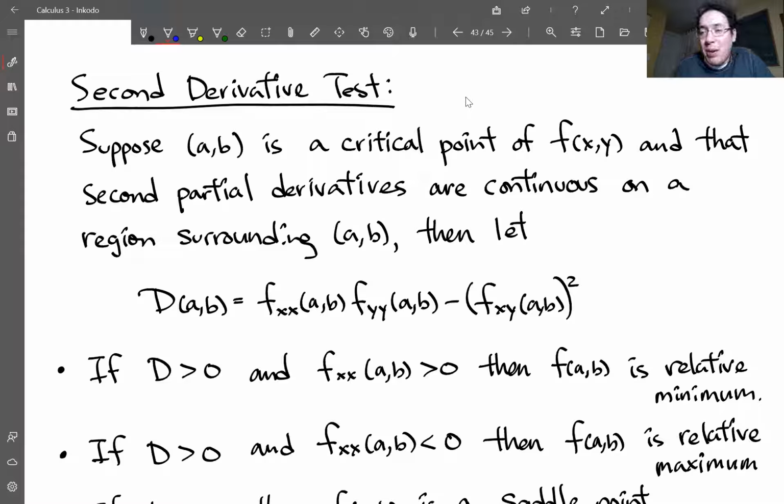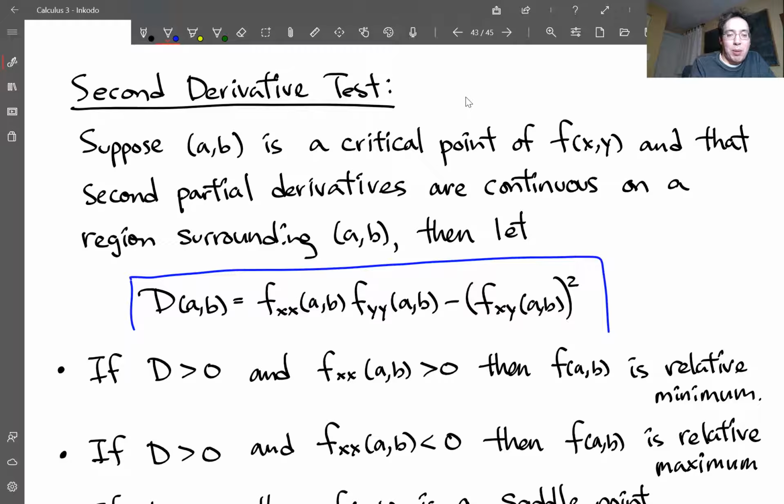So let me describe it. It sounds mysterious at first, but I can maybe convince you that this is true. Suppose (a, b) is a critical point of f, and we have second partial derivatives that are continuous on the region surrounding (a, b). And we compute this number called D(a, b).